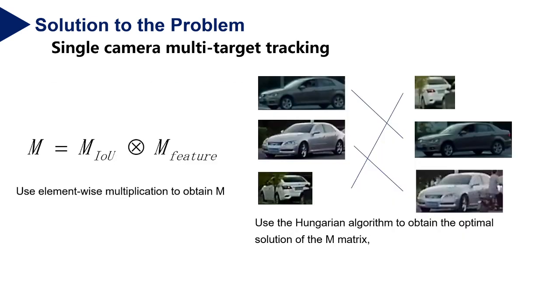The IOU distance matrix and the feature distance matrix obtained above are subject to element-wise calculation to obtain a new matrix A, and then we use the Hungarian algorithm to obtain the optimal solution of the matrix for data association. So to find which tracker each detection belongs to.